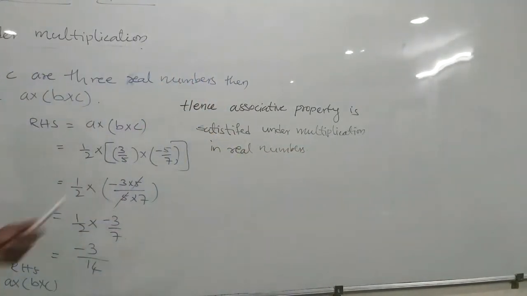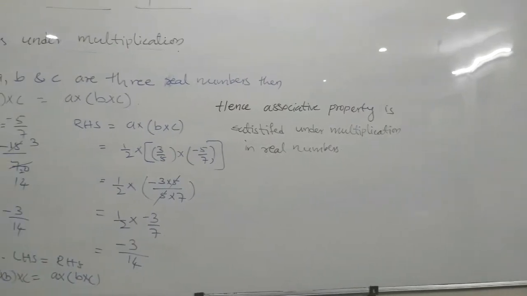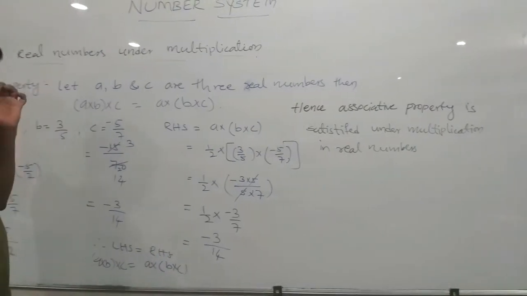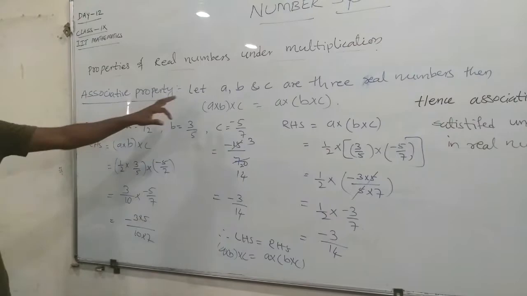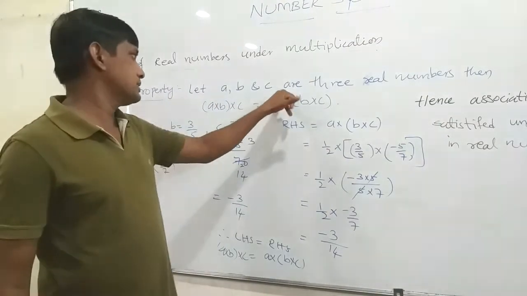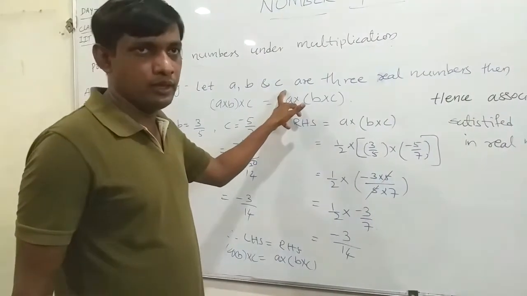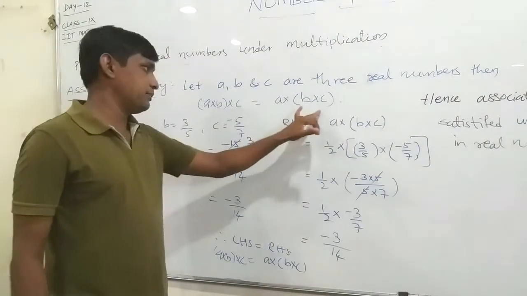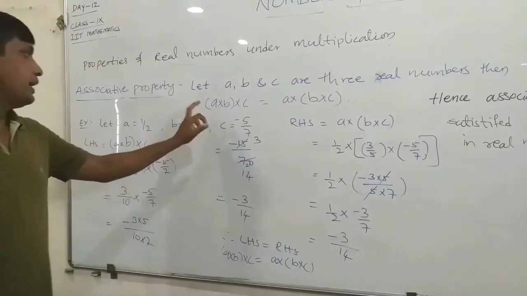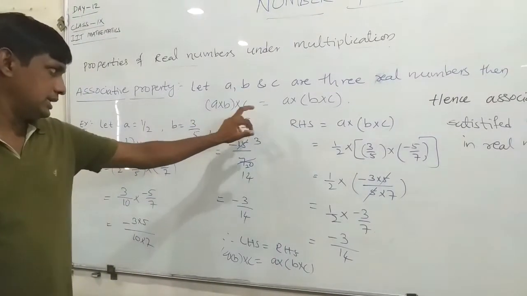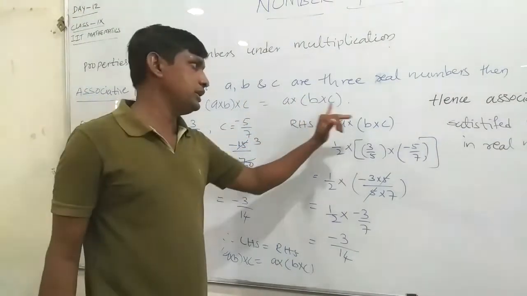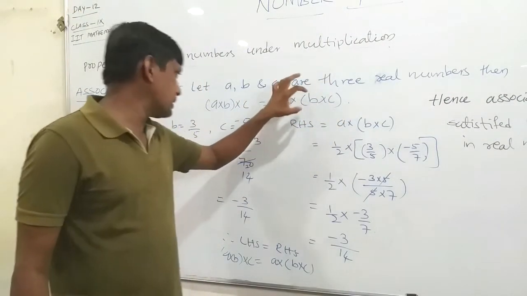Children, once again I am going to explain here. In associative property I am taking three real numbers, that is A, B and C. When I am multiplying these three real numbers, then here A into B into C is equal to A into B into C. So for this I am taking one example.